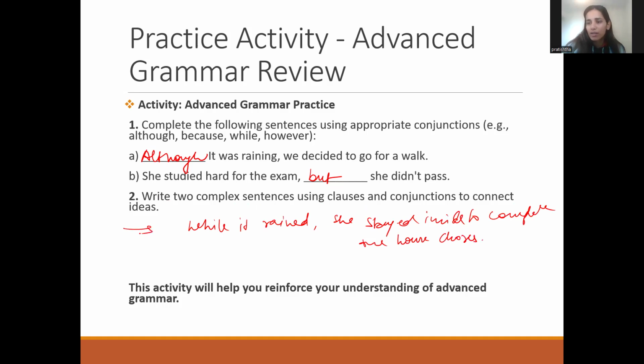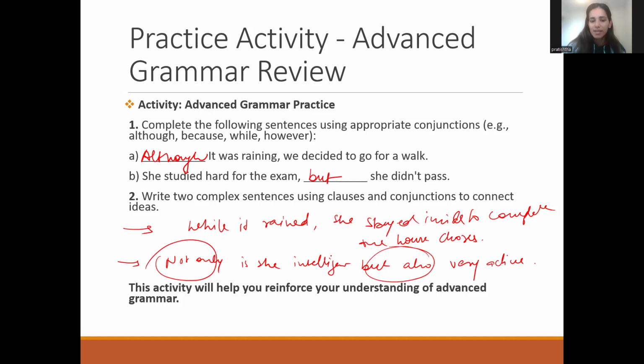You can make a simpler one, but just try practicing making more advanced ones. Then you can say, not only is she intelligent, but also very active. This could be another. So here the conjunction is not only and but also, right?